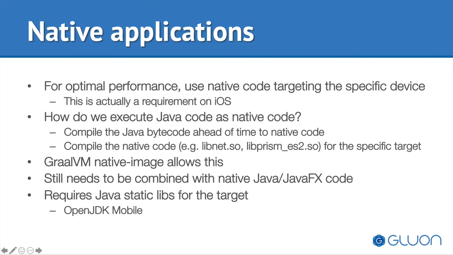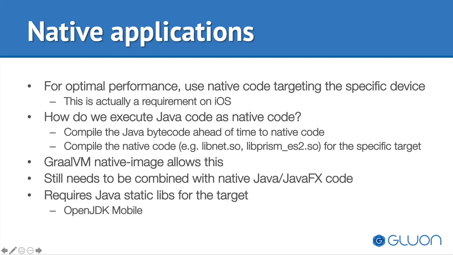Finally, some words about some future directions that we are taking with JavaFX. We see that there's an increased interest in native applications, and for very understandable reasons, because for optimal performance, it is often better to use native code instead of having a JVM at the target machine.